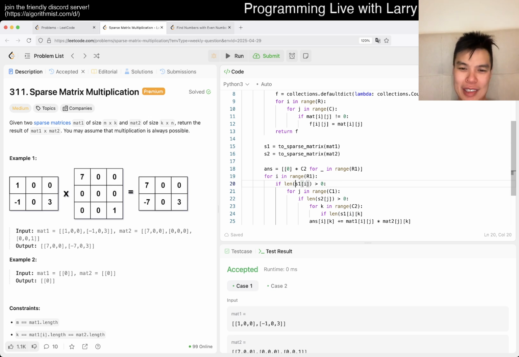We should check if I is in S1, maybe that's a little bit better actually, because if you create one, then it would be there anyway. K in S1 I and K in S, oh, whoops.